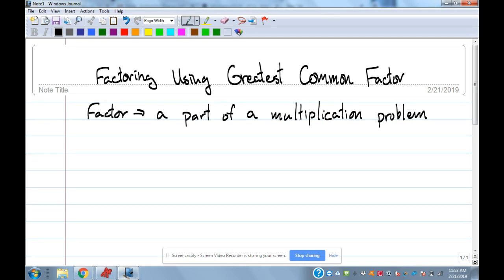So what we're going to be doing today is factoring using a greatest common factor. And what we want to be thinking about today is like reverse distributive property.